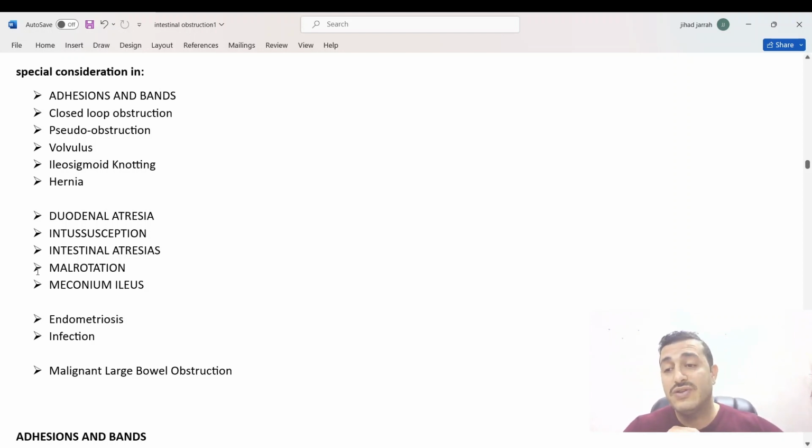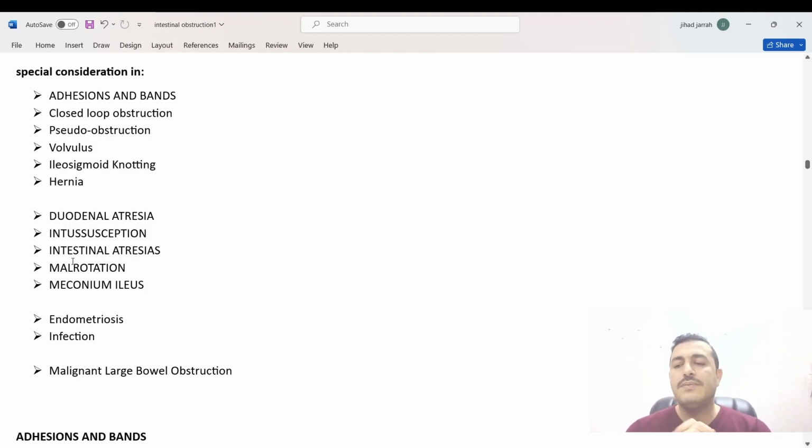You can see it here actually. These malrotation mechanisms are causes of intestinal obstruction. I can hear you saying that these are in the pediatric age group most likely, so you can see they are explained in detail in the pediatric surgery lecture.